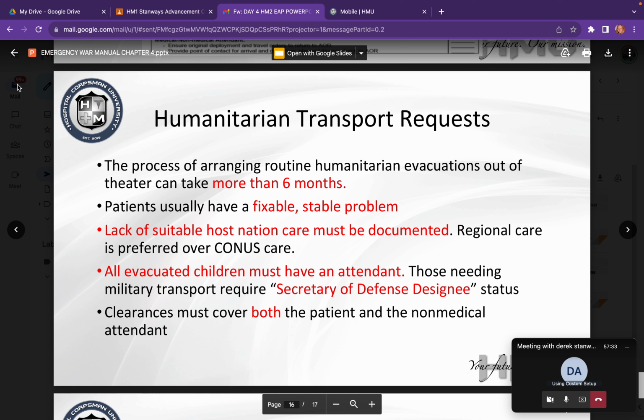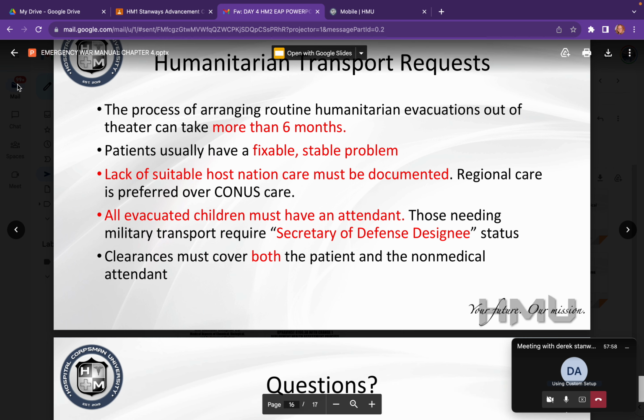Then all evacuated children must have an attendant. Military transport requires Secretary of Defense designee status. That one's been on the test before too. That bullet point. And clearances must cover both the patient and the non-medical attendant. Alright, any questions?